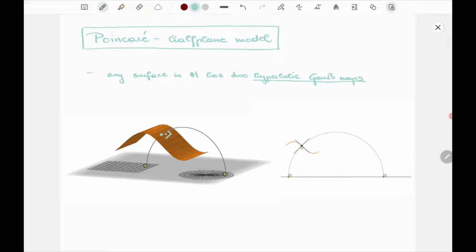So we are constructing a circle that intersects not only the surface, but also the boundary orthogonally. And generically, this geodesic then has two intersection points with the boundary. And these two intersection points are then two points of the two hyperbolic Gauss maps. Of course, by varying the point on the surface, we then get two planar nets on our boundary, and these two are then the hyperbolic Gauss maps.